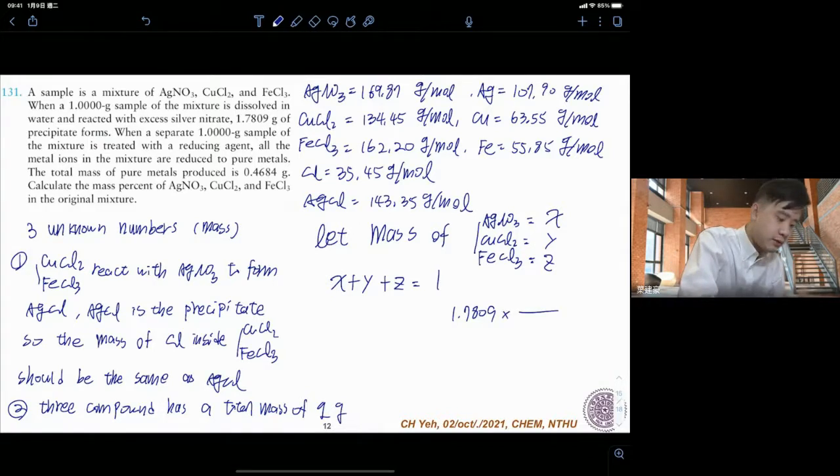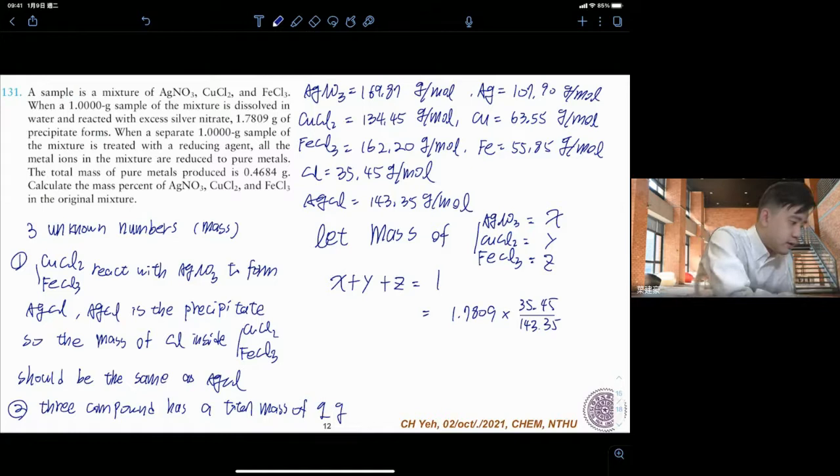我们可以从中计算说这个氯化银中有多少的氯。The molar mass of the silver chloride is 143.35, and there is 1 mole of chlorine inside. These two have chlorine over here, so just calculate the mass of the chlorine, then add up.